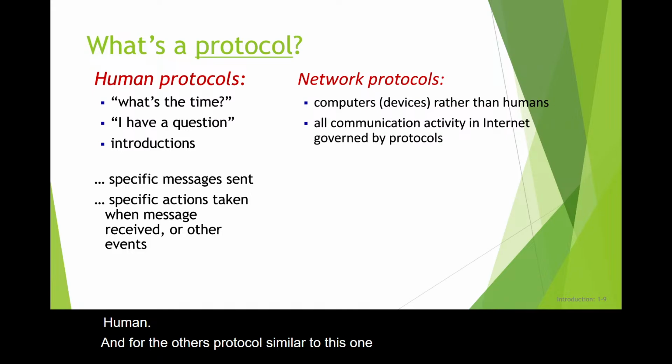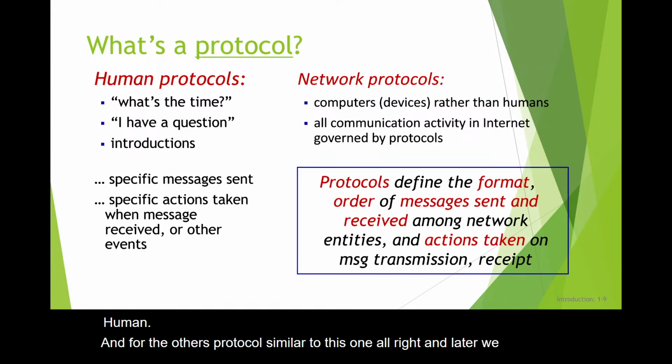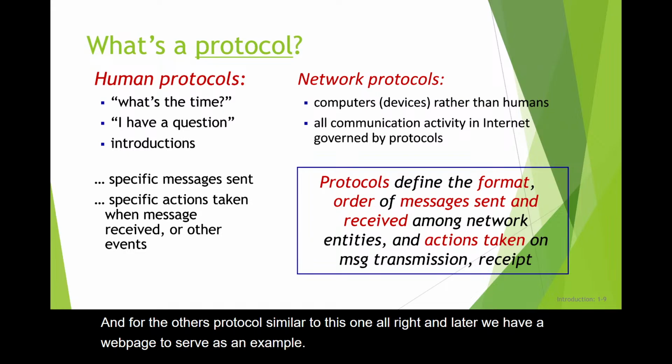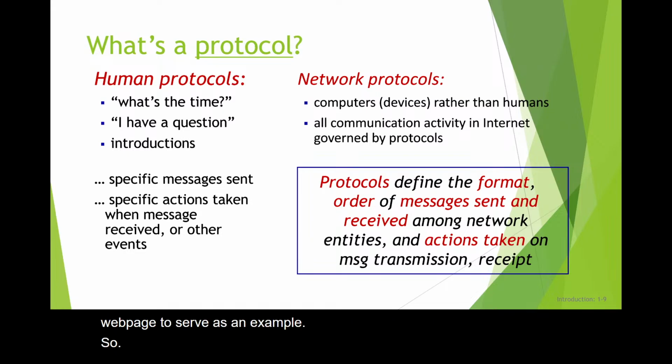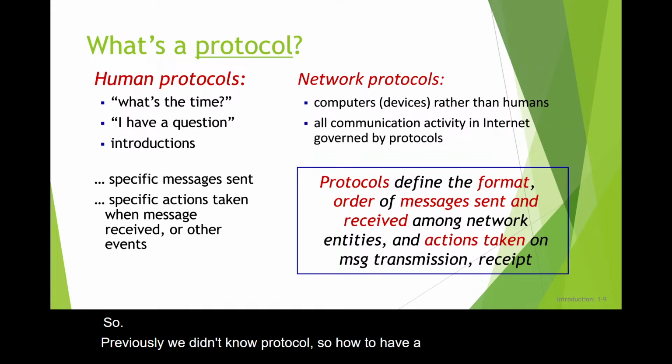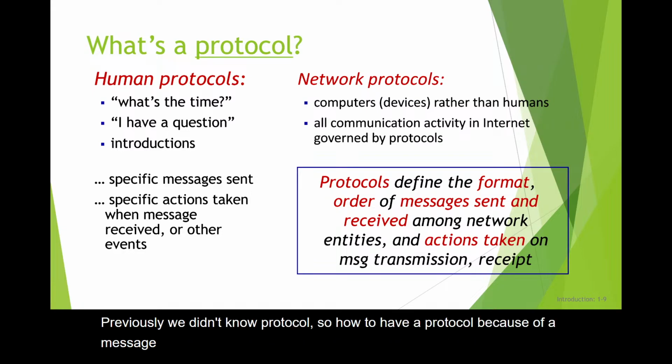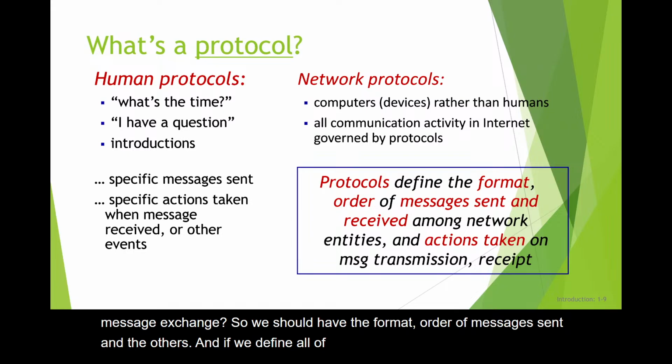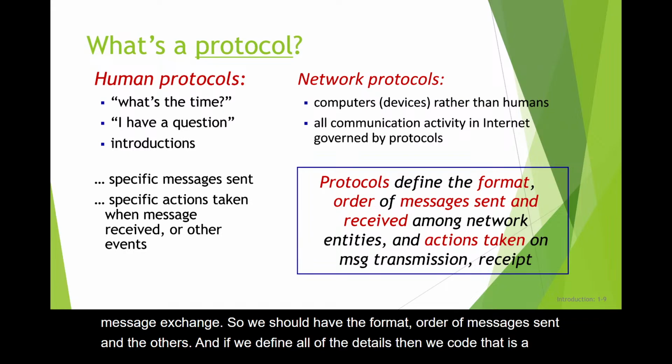And later we have a web page to serve as an example. Well, so previously we didn't know protocol. So how to have a protocol? Because of message exchange, so we should have the format, order of messages sent, and the others. And if we define all of the details, then we code that is a protocol.